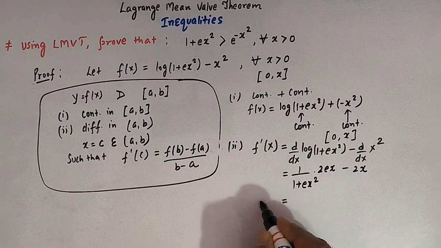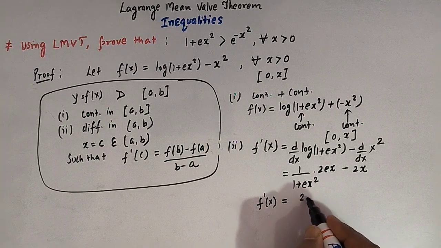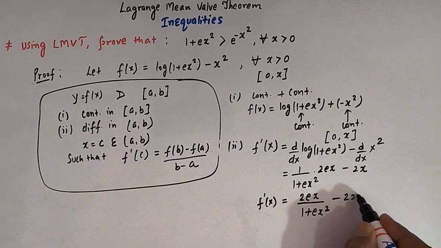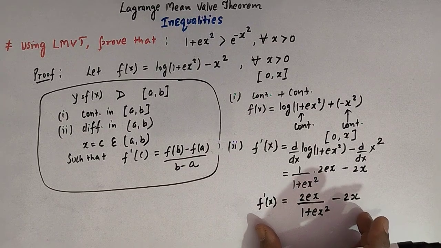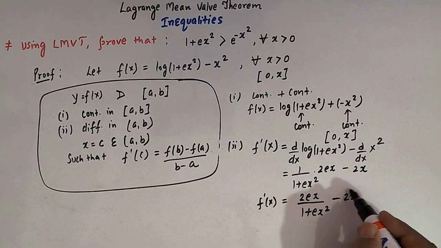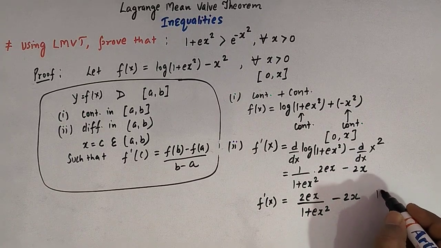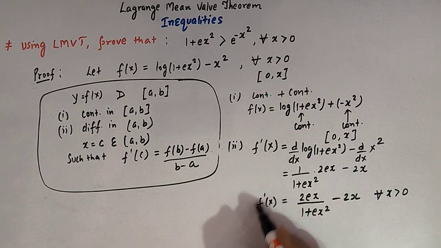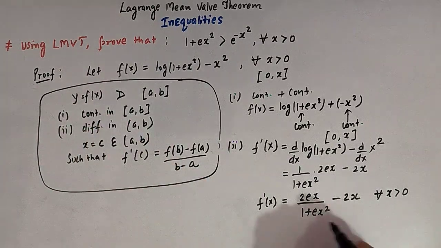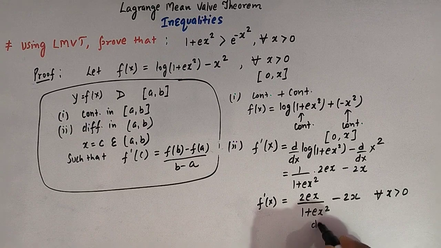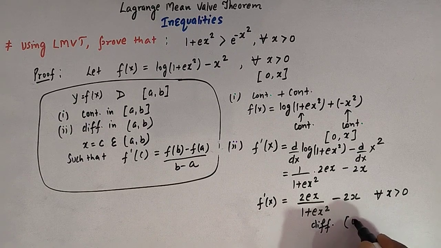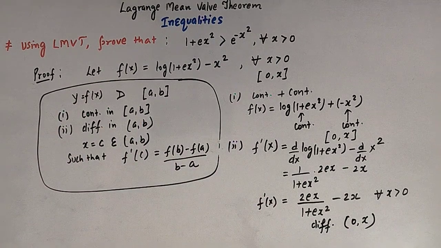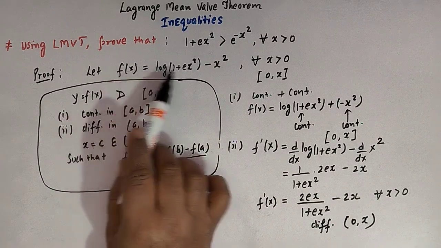So f prime of x is equal to 2x e^(x^2) divided by (1 plus e^(x^2)) minus 2x. We can easily see that this function is valid for all x greater than 0, so we can safely claim that f(x) is differentiable in the interval 0 comma x. The two conditions of the mean value theorem are satisfied by this function.